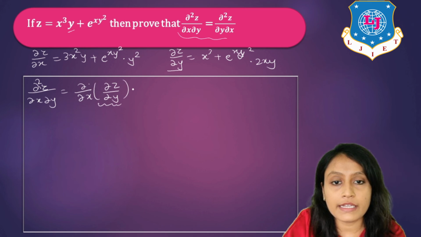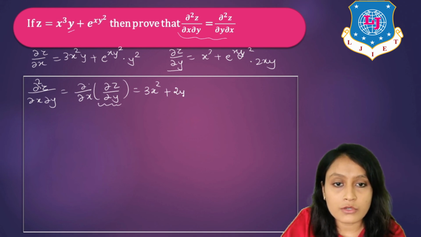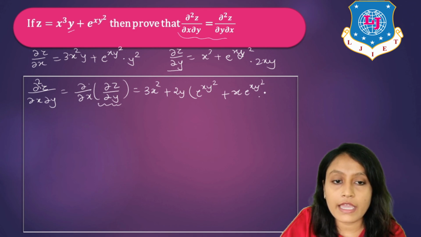So from this you will get 3x square plus, from this 2 and y are constant, so we will keep outside, right? And we will apply this UV rule for e raised to x y square and x. So firstly keep this e raised to x y square as it is, and derivative of x is 1, plus x as it is, and derivative of e raised to x y square is e raised to x y square into y square, right?